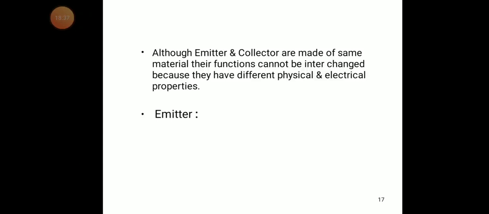Both are formed with the same material, but each has its own properties.